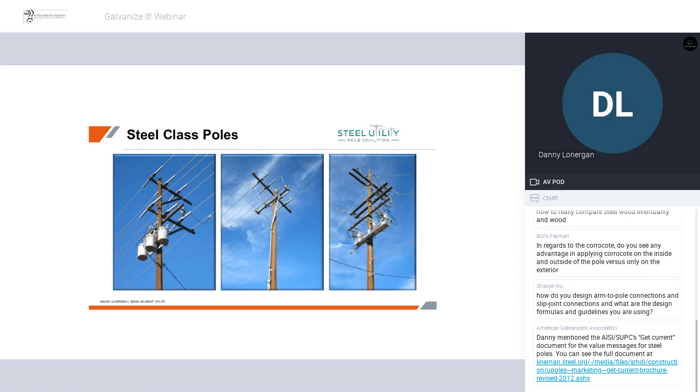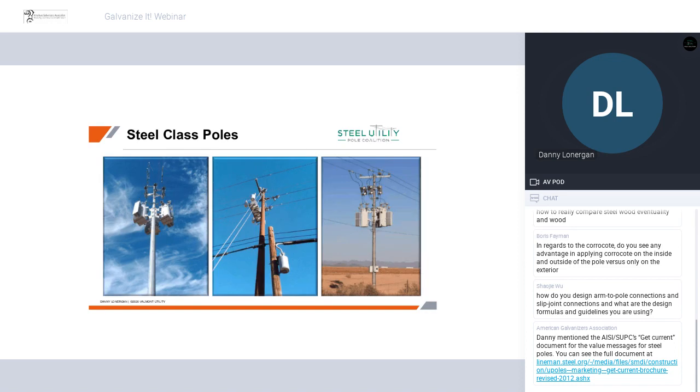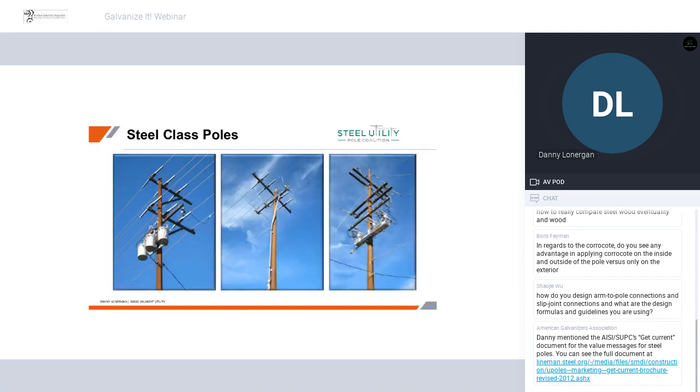Could be every other pole. Could be every third pole. It could only be angles and crossing poles. It could only be guide poles. Could be many things. But the idea is pick a line or know a line and pick the critical poles within that line, harden them. And then these last two photos, these are great applications of what the business calls equipment poles.